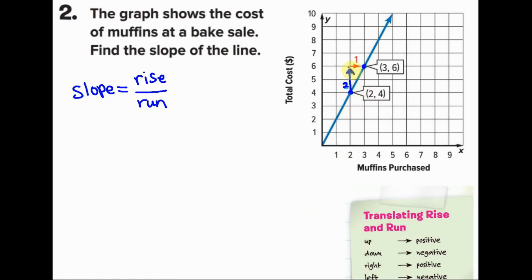From this point, if I want to continue, my horizontal change, my run, will be 1. So that's how I know my rise is 2 over my run is 1. If you simplify this one more time, you'll get 2.